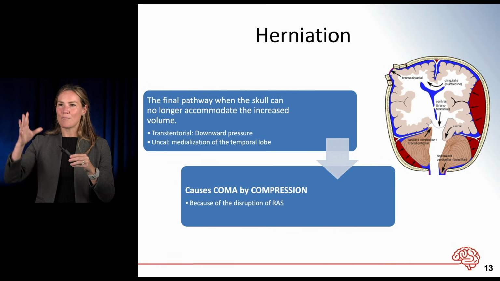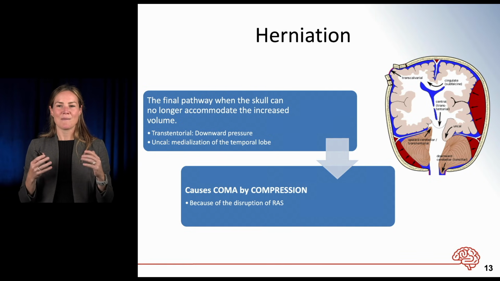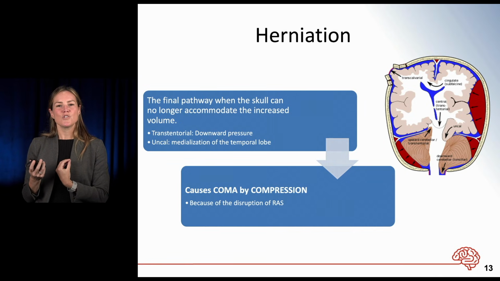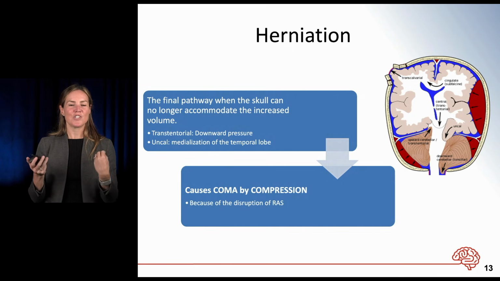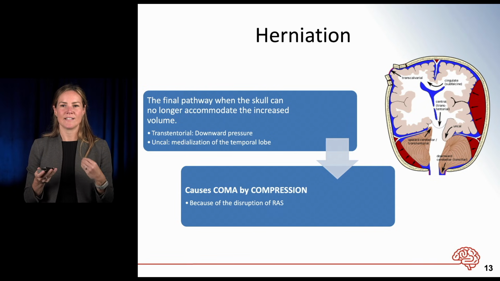And when the brain is pushing down on the brainstem, that's disrupted and the patients go into a coma, right? So I am always so worried about our patients who have a GCS of less than 8 after any sort of traumatic event, because that to me says that there is compression on the reticular activating system.